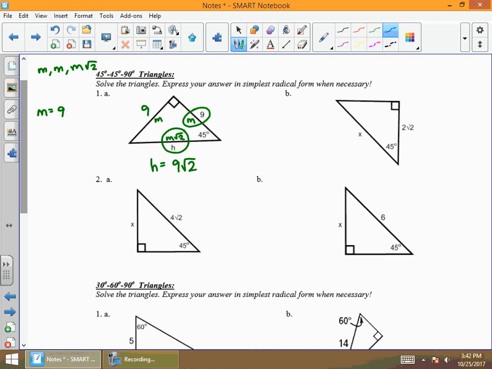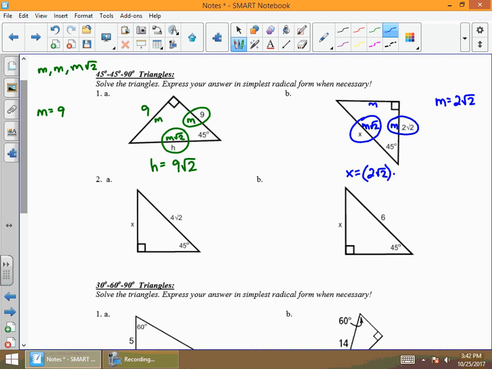As I take a look at B, again, I see it's a 45. So once I know that it's a 45, 45, 90, I label my legs m, m, and m radical 2. And then I just look around my triangle. Right here is my equation. And this time m is equal to 2 radical 2. So what does x equal? Well, x equals my m value, 2 radical 2.